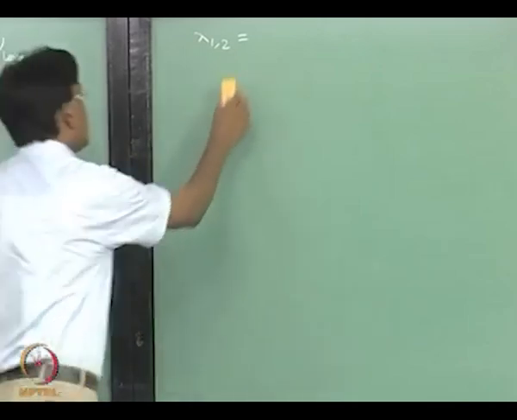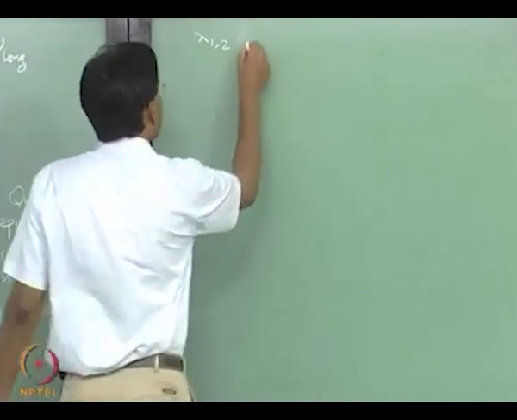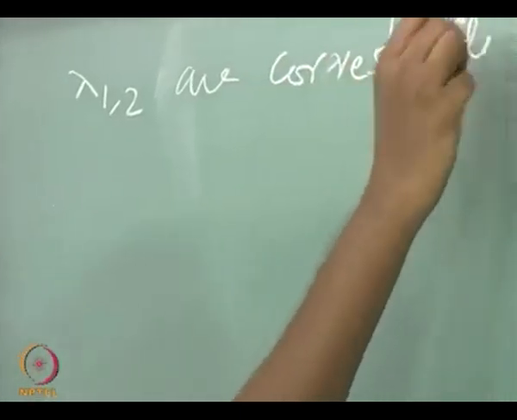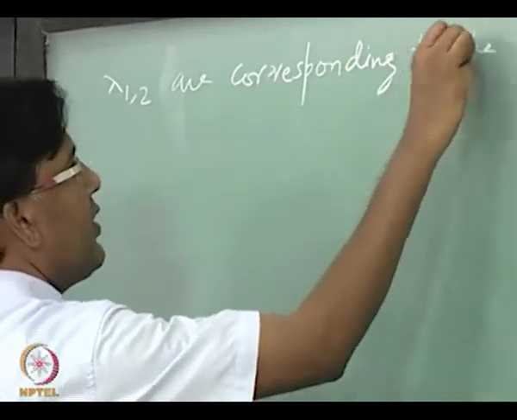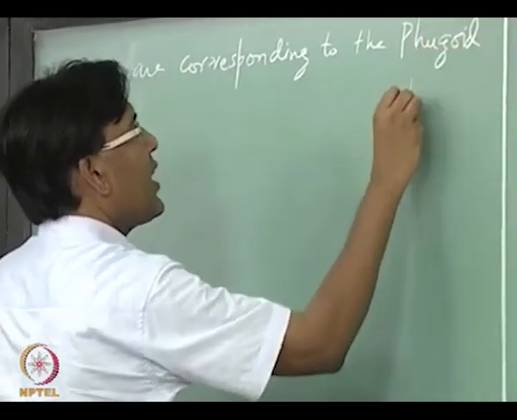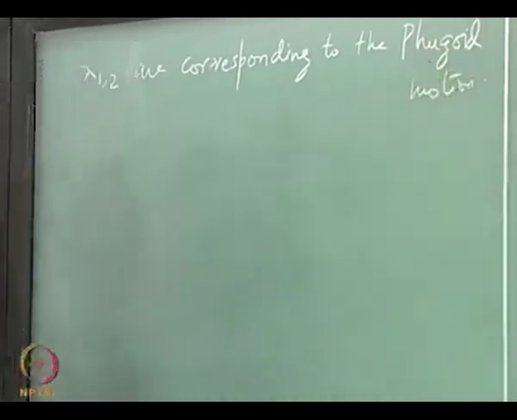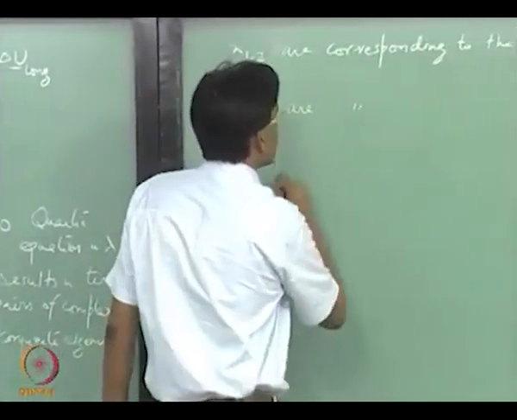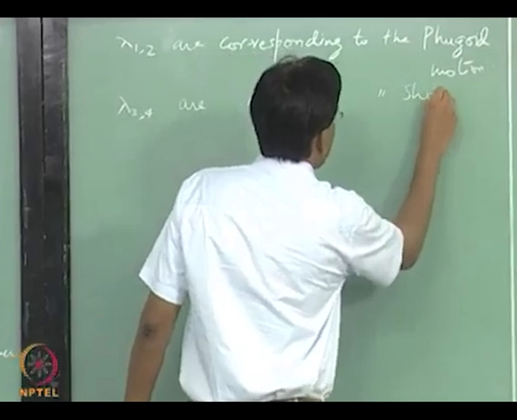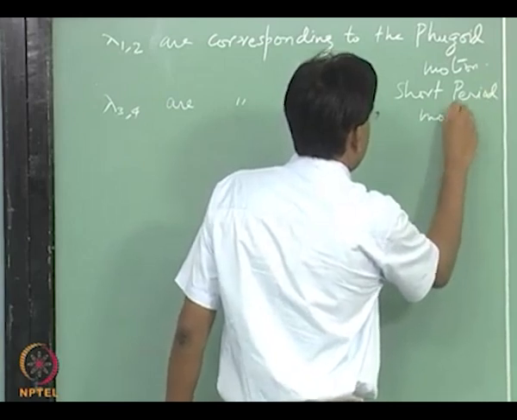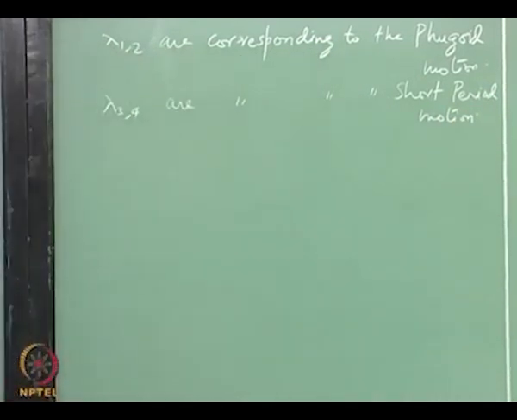Lambda 1 and 2 are corresponding to the Phugoid motion, and lambda 3 and 4 are corresponding to the short period motion, okay.